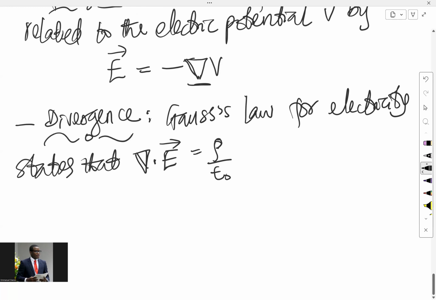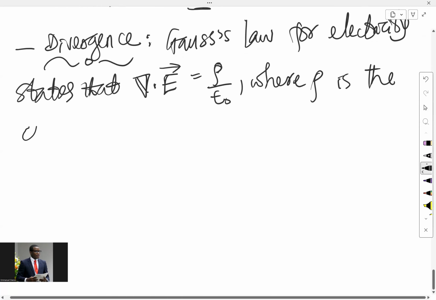That is the Gauss law for electricity, where rho is the charge density.